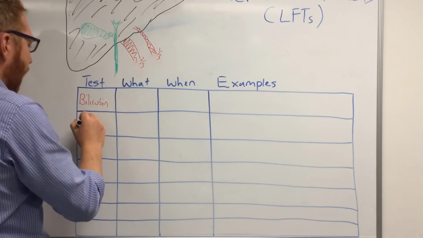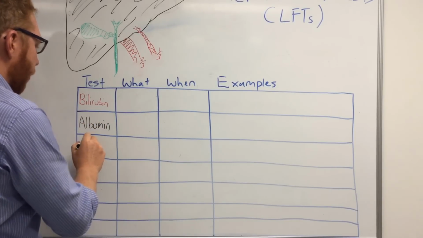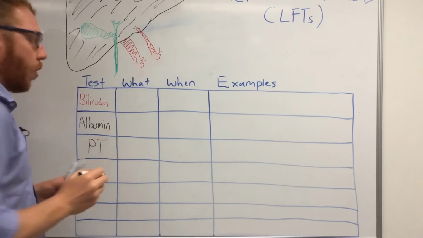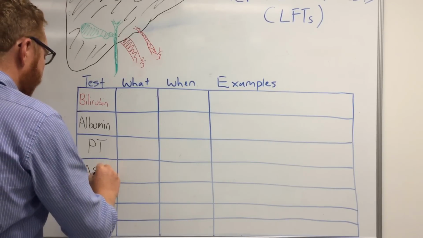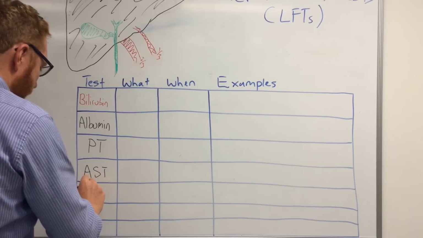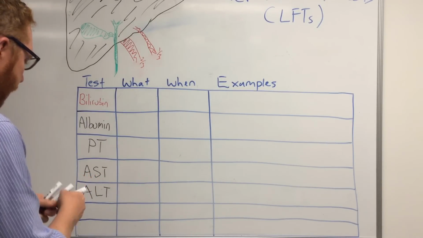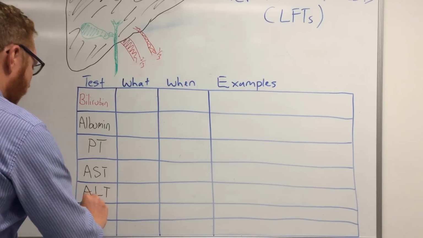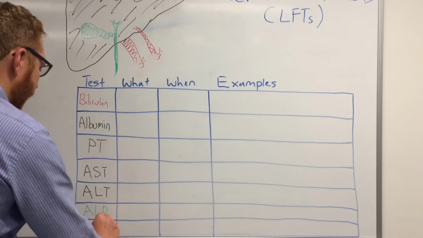Okay, we have albumin, we've got PT, which is prothrombin, and we've got AST and ALT, and then in green we've got ALP and GGT.